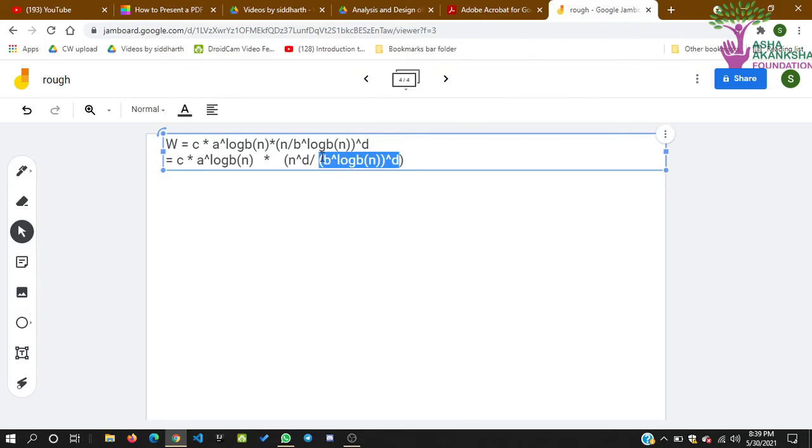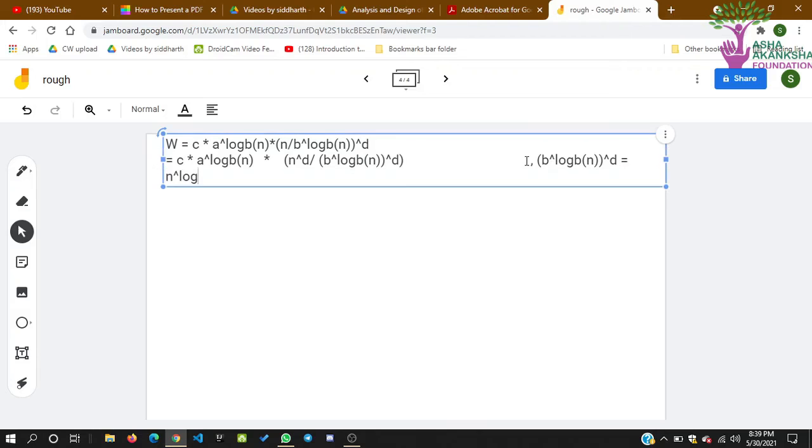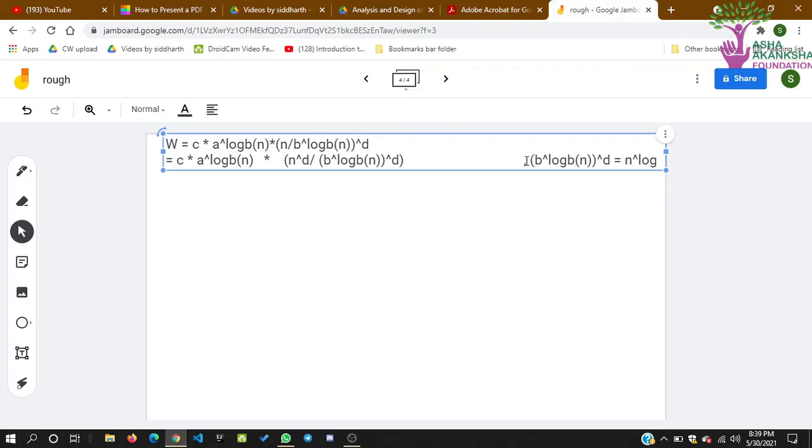If I just copy this particular part and write it separately, then this can be written as n raised to the power log_b b.